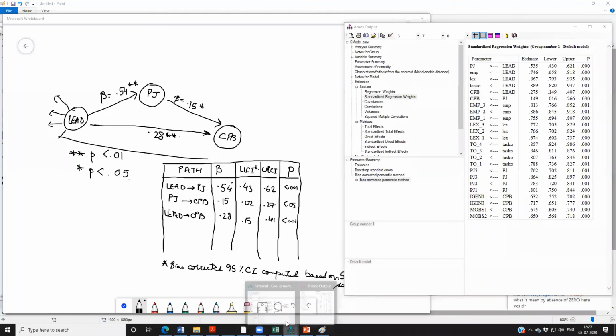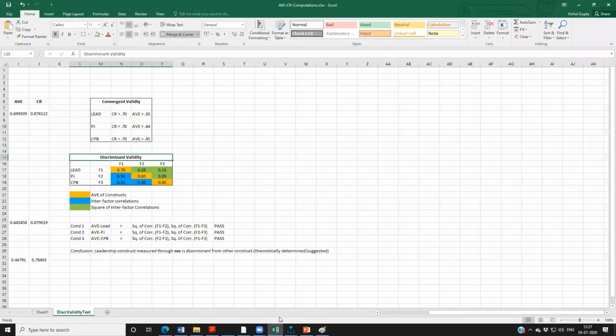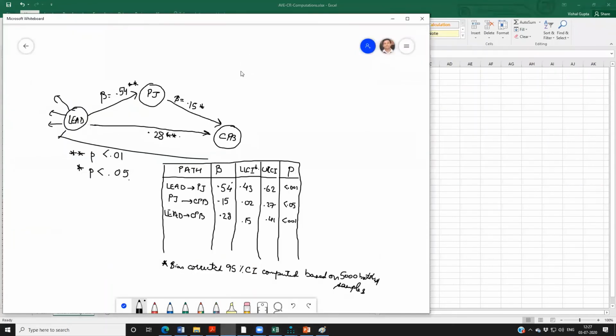We have shown that. So where did we start? We started by saying that we developed these scales, right? We did EFA, then we did CFA, then we brought in two different constructs. We showed that this construct is discriminant from these constructs, and then we showed that the relationships also hold good. That means what all have I proved here now? First I talked about content validity.